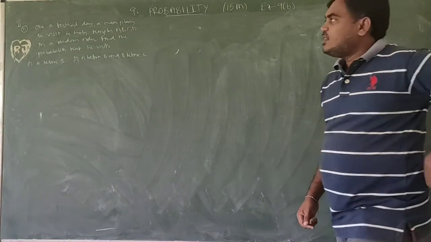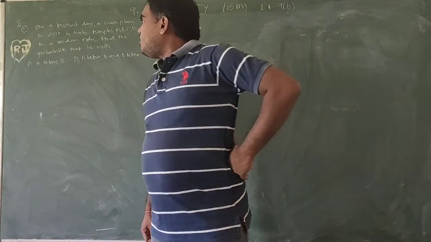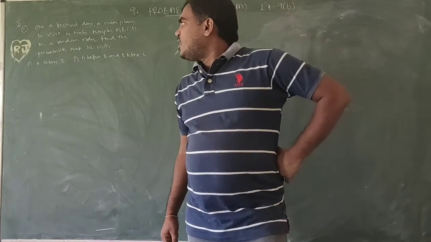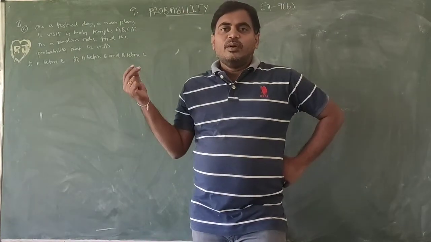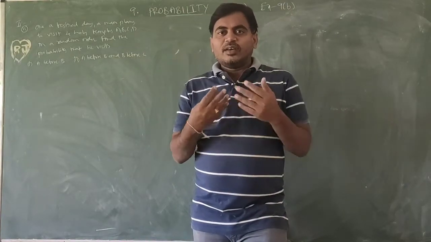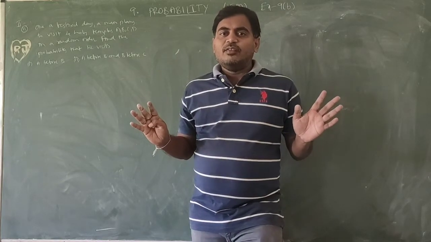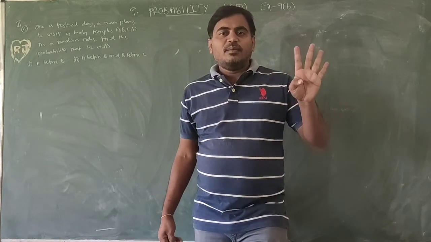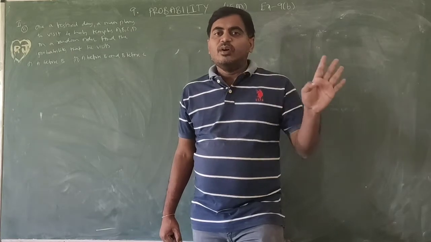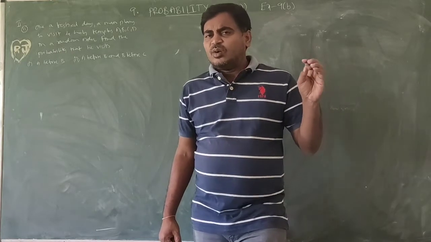Okay. First, a man is willing to plan on a festival day to visit 4 temples, whatever the order he may visit. So the temples are A, B, C, D. These 4 temples he needs to visit.